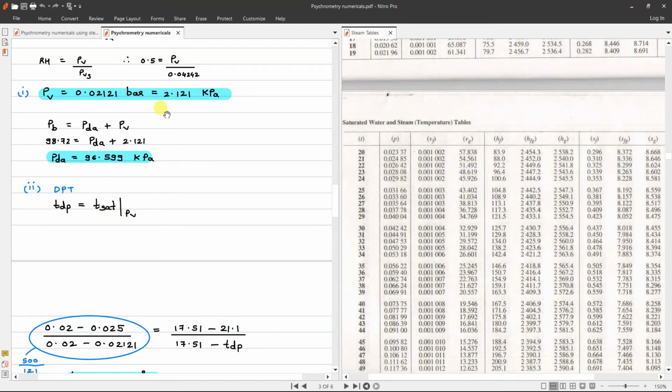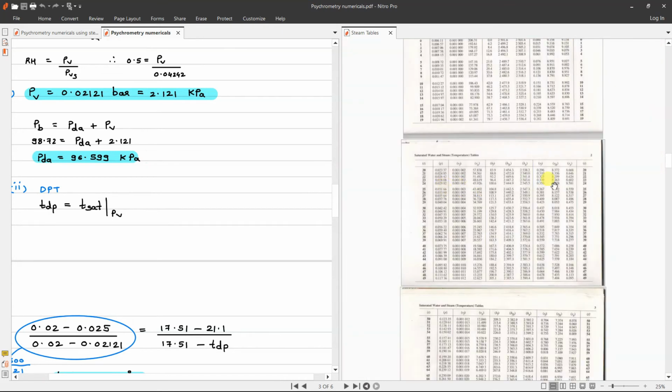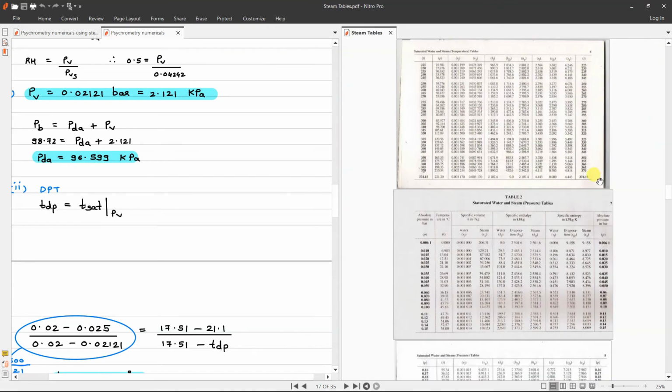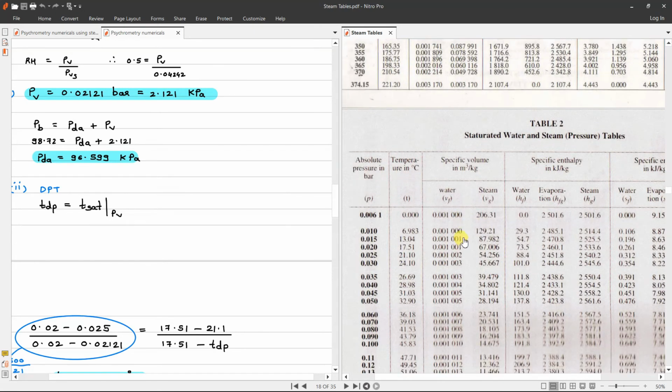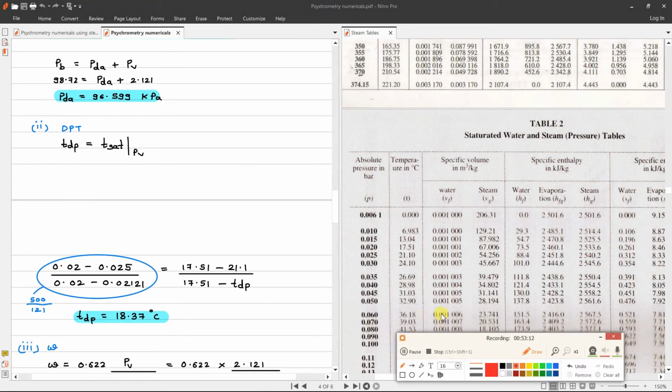What is the pressure value which we have? 0.02121. Okay, so we have to open table number 2, pressure tables. Locate the pressure. Okay, now this PV value, what is that PV value?